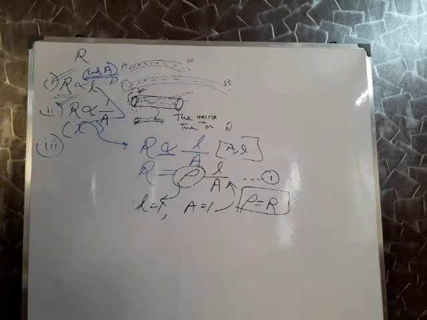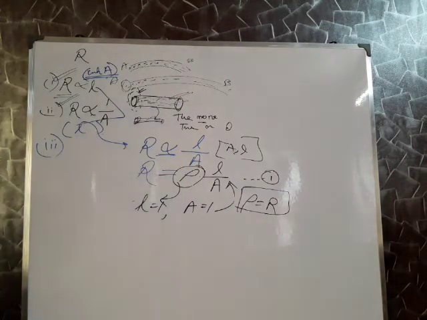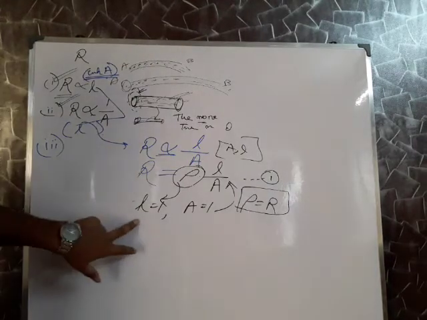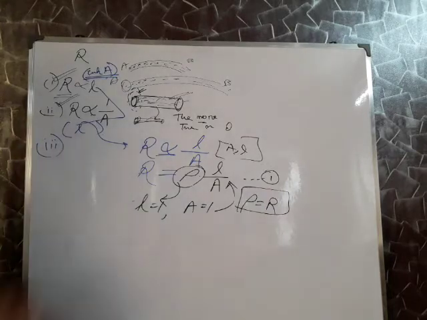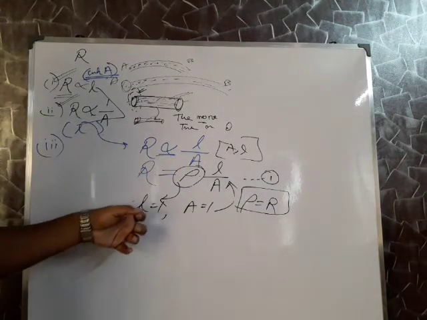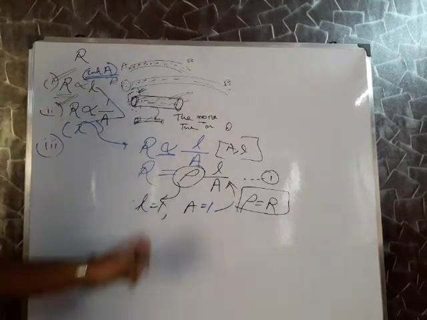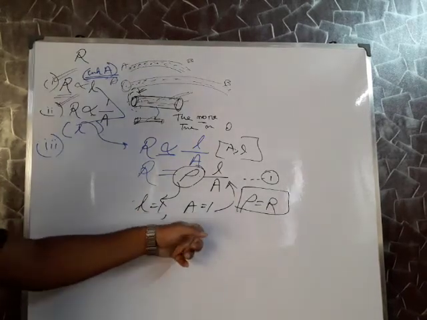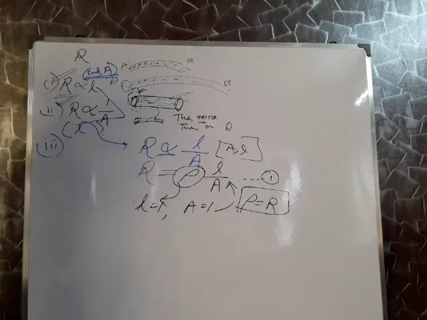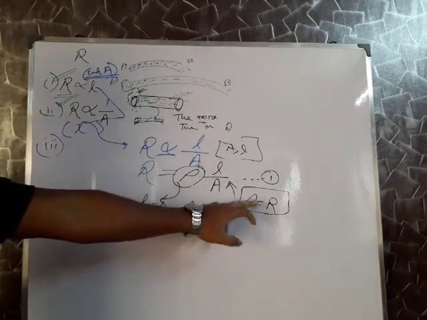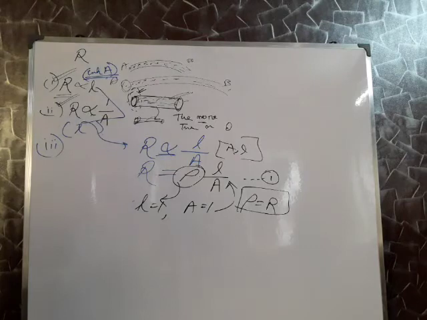That means when any conductor or any electric wire has length exactly 1 centimeter, or it can be another unit also, 1, and the area is also unit area, the resistance of that wire or conductor is simply called the resistivity or the specific resistance.